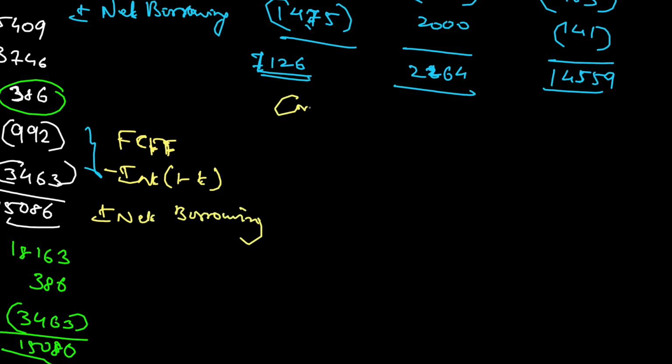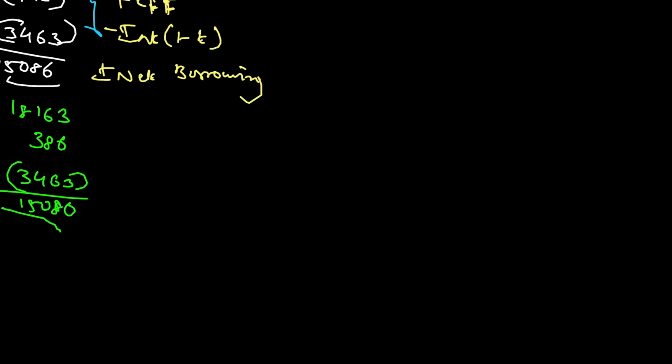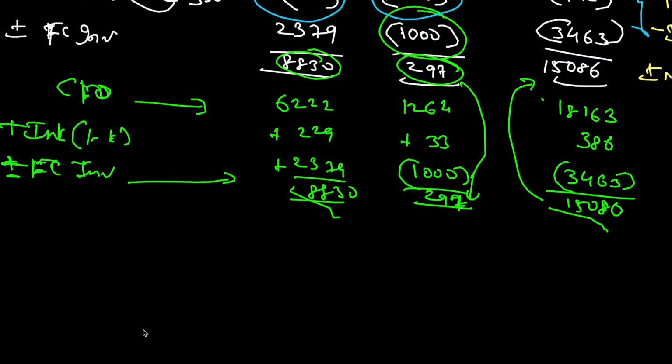So now company A. The free cash flow to the firm for company A is 8830.